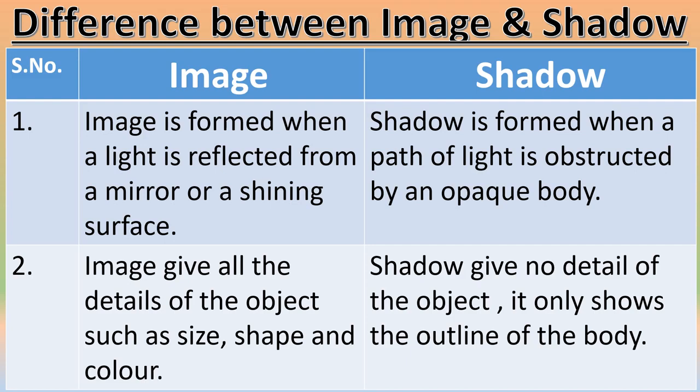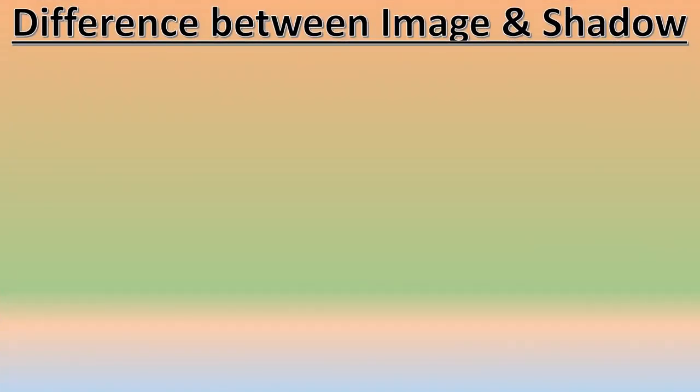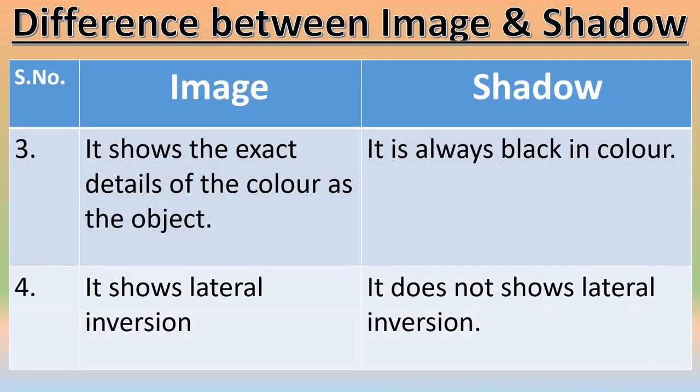Point number 2. Image gives all the details of the object such as size, shape, and color, whereas shadow gives no detail of the object, it only shows the outline of the body. Point number 3.